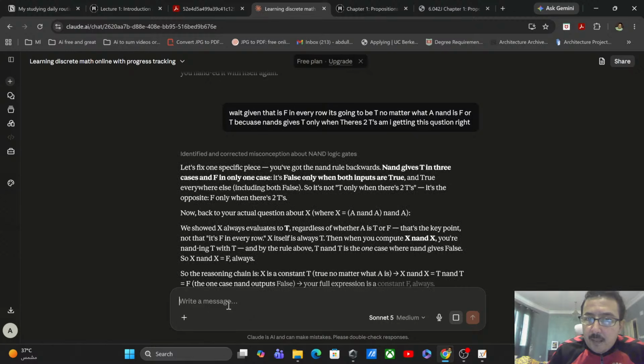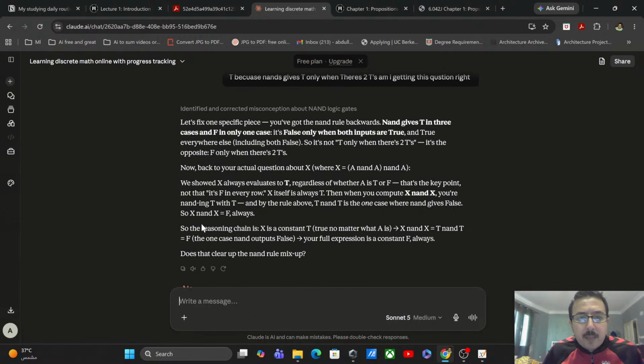You've got the NAND, only one case. Both inputs are true. True everywhere else, including both. It's the opposite. Now, back to what evaluates to T, regardless of whether A is T or F. That's the key point.